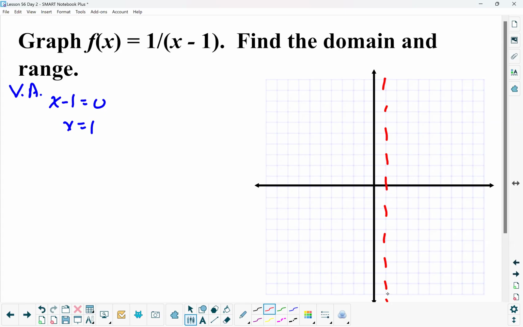Horizontal asymptote, similar to the 1/x, my horizontal asymptote is going to be y equals 0.